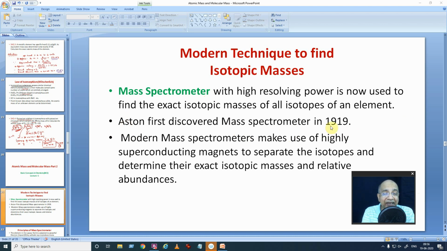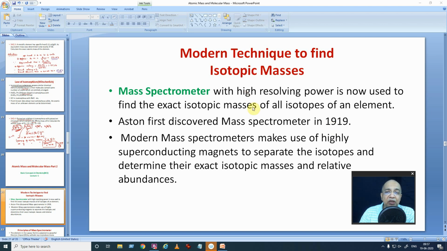Since then, there has been a great improvement in the quality of mass spectrometers by the use of highly superconducting magnets to resolve or separate all the isotopes present in an element.